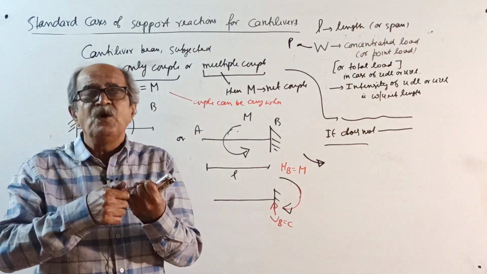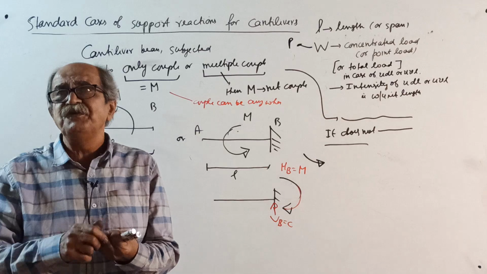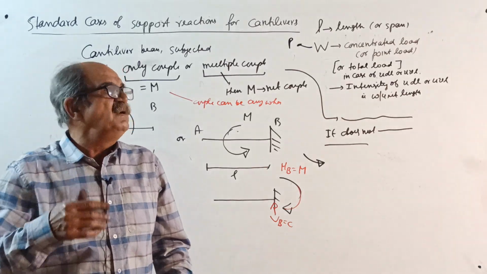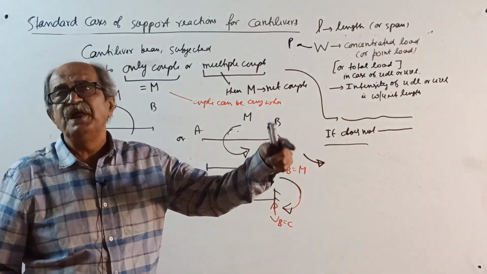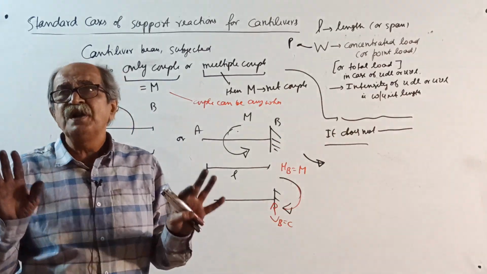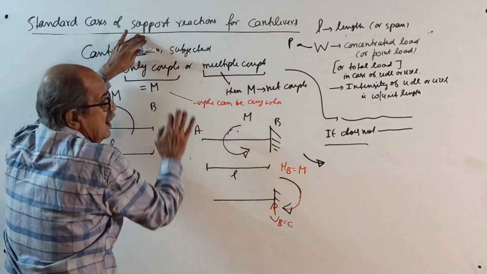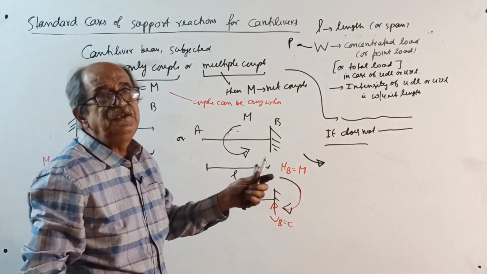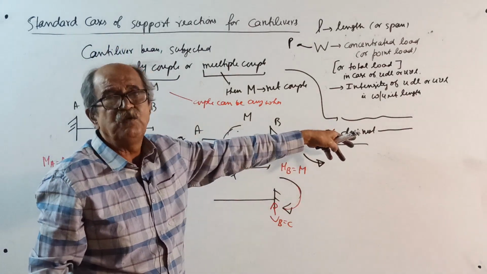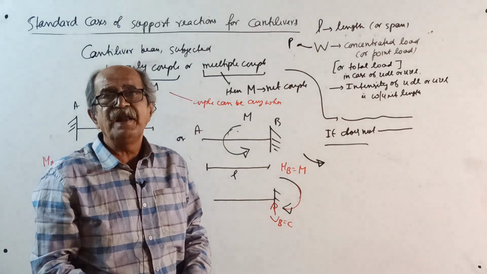What is required for academic purpose or competitive examination or practical field, not putting everything, one UDL, one point load, one couple, varying load. That much I am not giving. Those are important examples. I will write question, answer, one round. Each round I may cover up to 3 or 4 questions. Number of questions will continue, maybe more than 100.